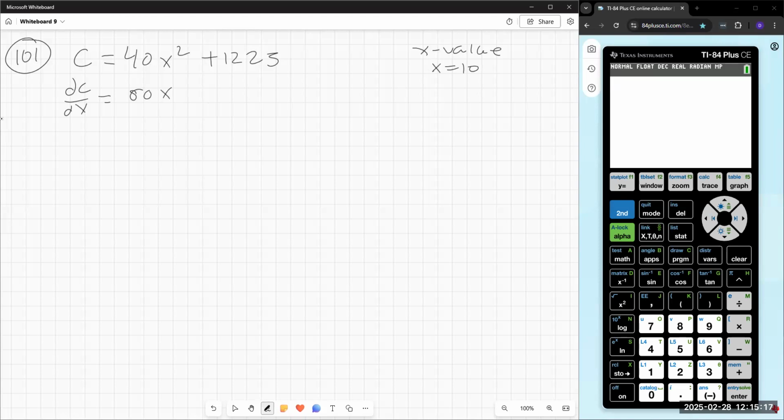Then dC will be 80x dx, and we'll use that to approximate delta C. We're told to use a delta x here of 1. So that's going to be $800.